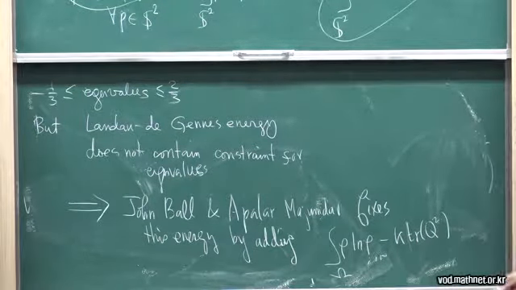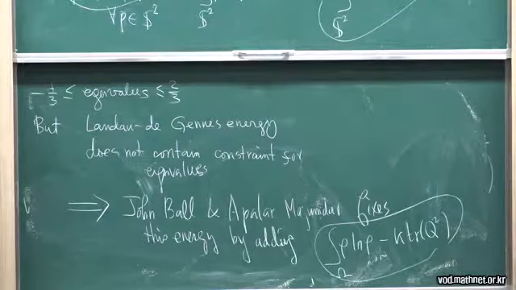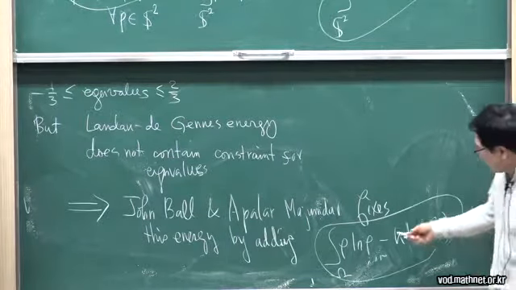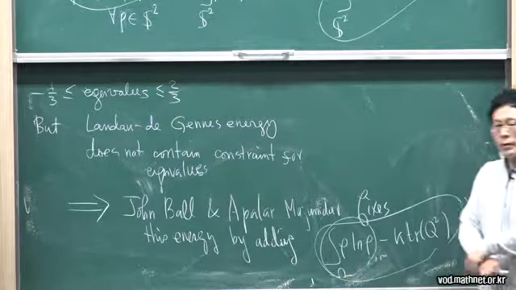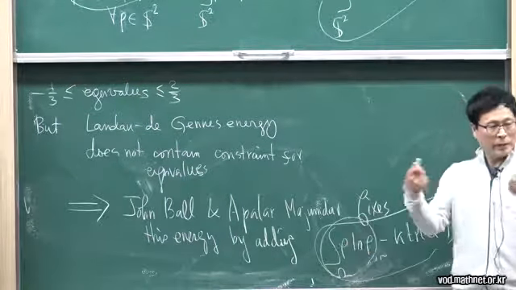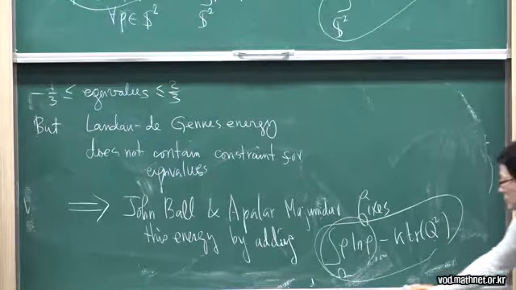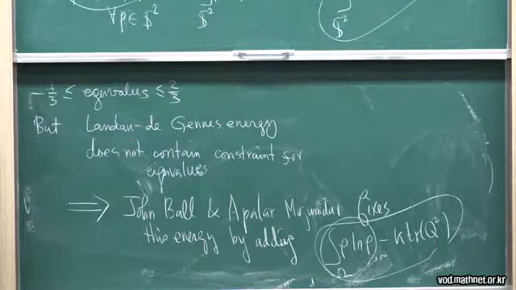Instead of the bulk energy, they replace it by this one. The role of log rho makes the molecules go to a disordered state, and this one has an ordered state. They compete with each other. Yes, this is entropy energy.